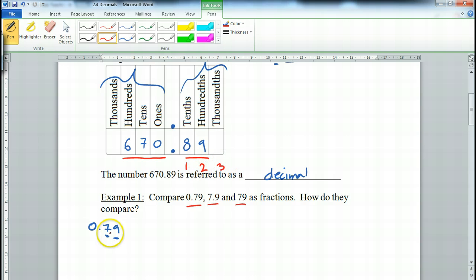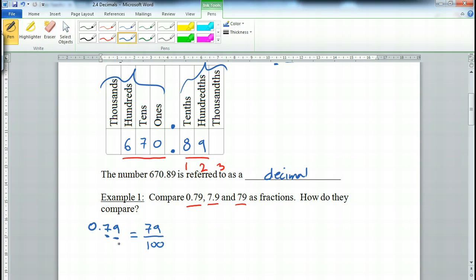I can see that I have two decimal places, and that corresponds to hundredths. So I can rewrite this decimal of 0.79 as 79 over 100, because the second decimal place is the hundredths.